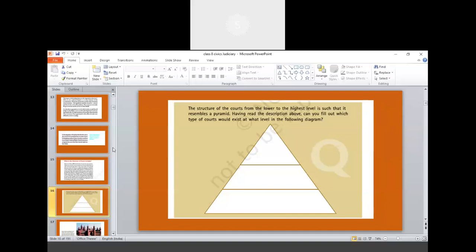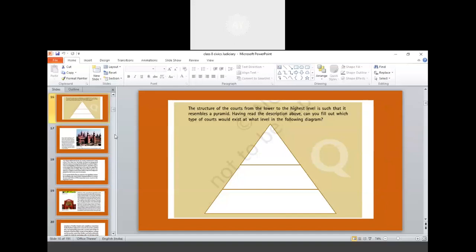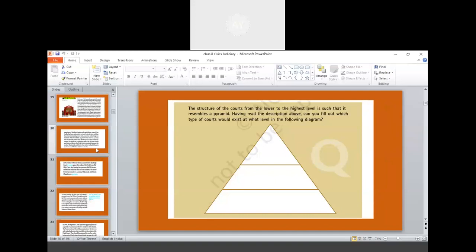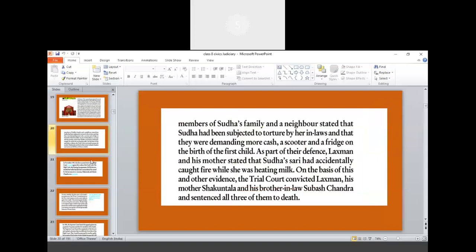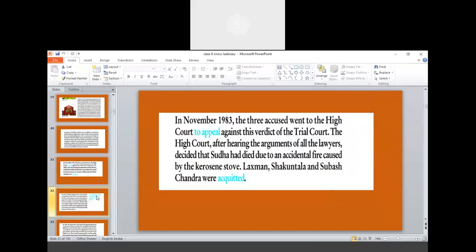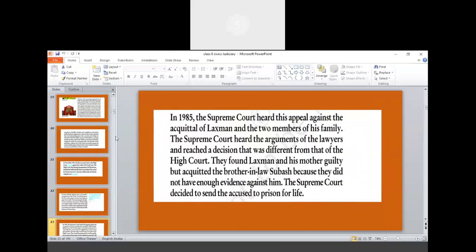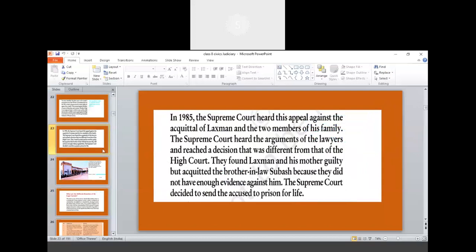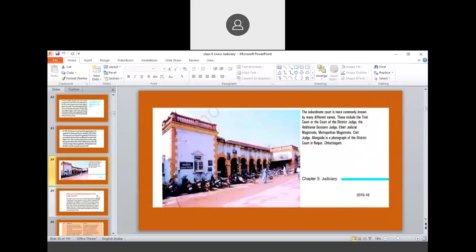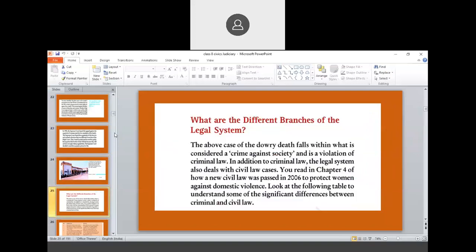I am going a little fast because of the interruption from the net. Then we studied about Sudha Goyal's case, and the storyboard. We studied about the two branches of legal system. Which are the two branches of legal system?